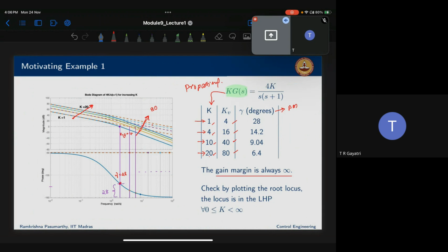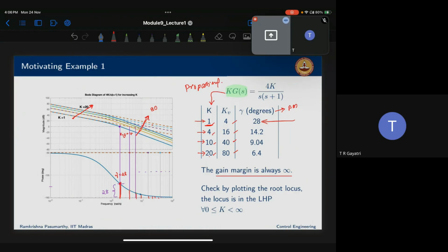For every expression, for K equal to 1, this is the first case, and this is the phase margin. As you go on, the phase margin is getting reduced.